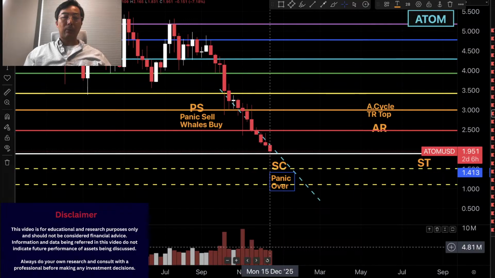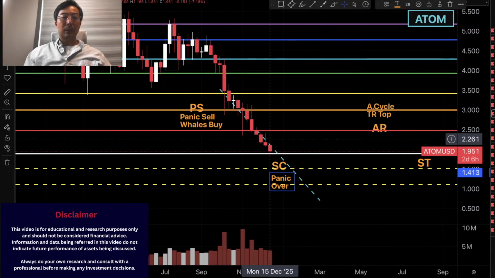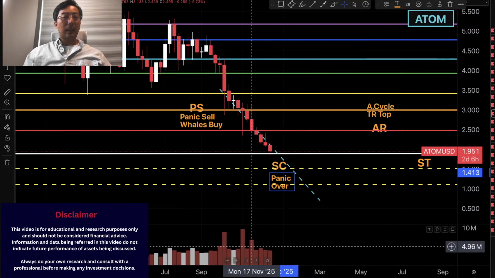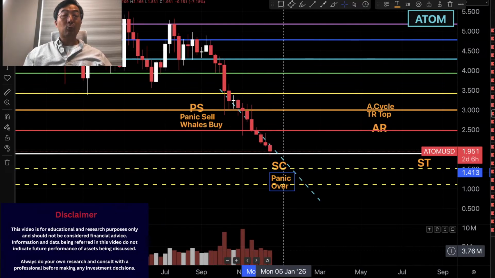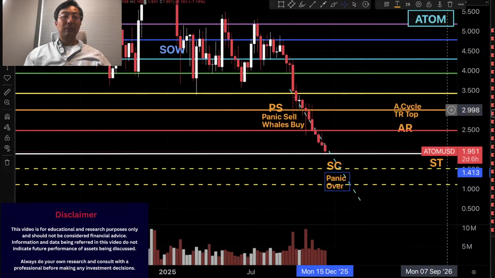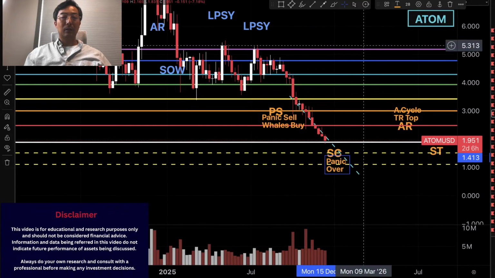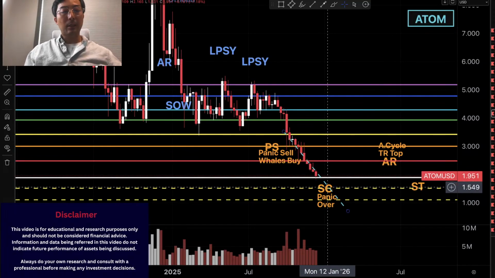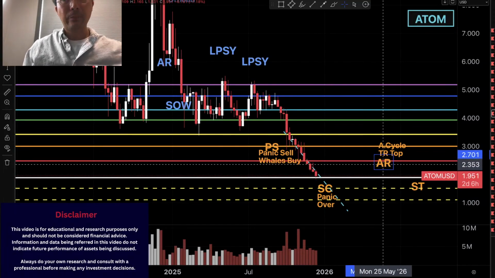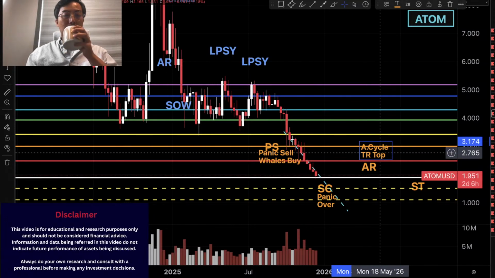Looking at what's happening at Atom, the volume has been continuously declining without dropping in volume. So this trend may still continue further. All right, after this selling climax is over, then we can expect an automatic rally.